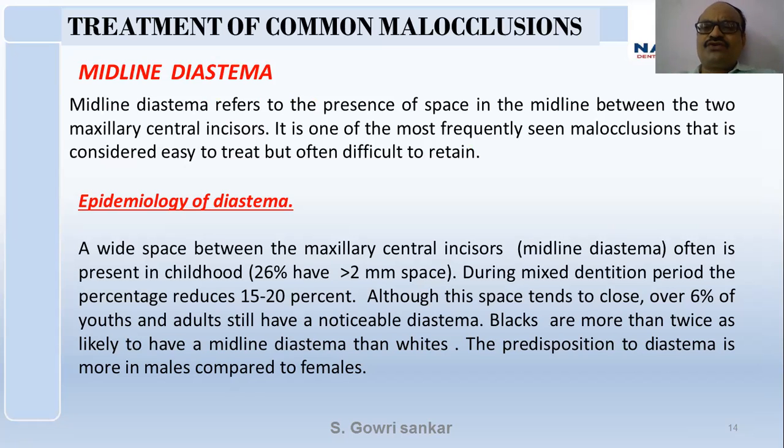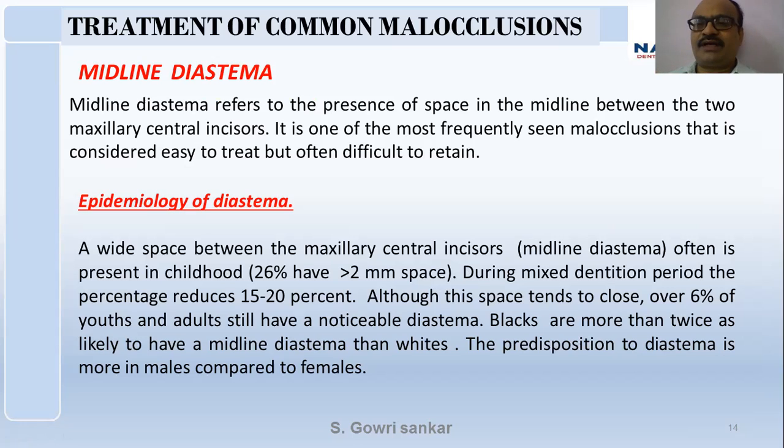So when we see the epidemiology of diastema, it is very common to see spacing in the primary dentition. This is a must, and all primary dentition should have generalized spacing. In mixed dentition also we can see spacing between the central incisors. So 2 millimeters of space is common before the eruption of the canines.